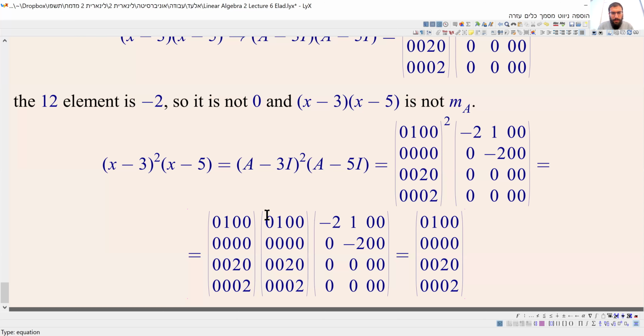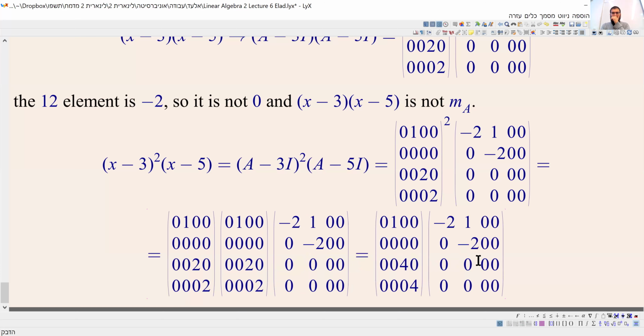It is 1, and it is 0, 0, 0, 0, 0, 0, 0, 0. Here it is 4. Would I lie to you? Is it 4? And here it is 4 as well, multiplied by this nice matrix.